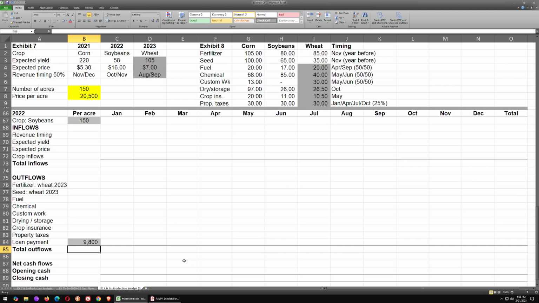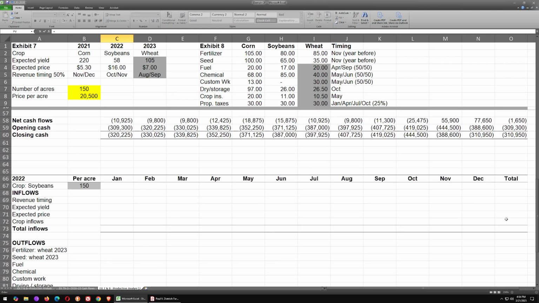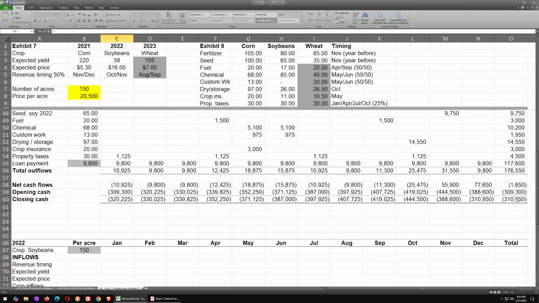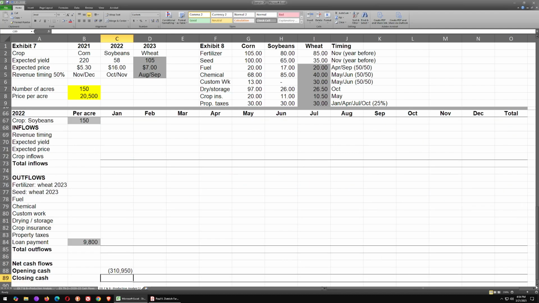And then the last thing that you need to carry over is the opening cash for January of 2022, which is the closing cash up here. So if we look at the closing cash, it's 310,950. So you need to go through and do just what we did before. The revenue timing for soybeans is October, November.